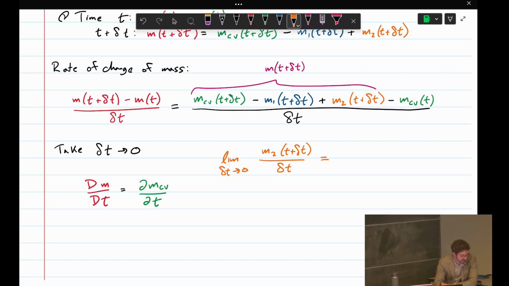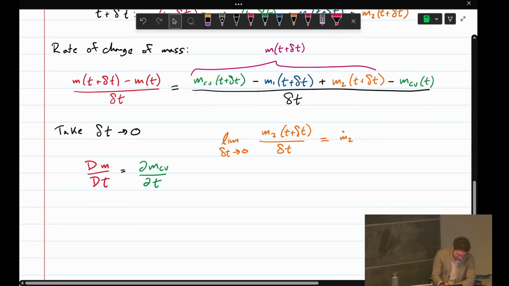is, does anyone have a guess at what this is? So it's a mass over a time. It's a mass flow rate, right? So that's the instantaneous mass flow rate, m dot 2. It's the same thing for m dot 1.